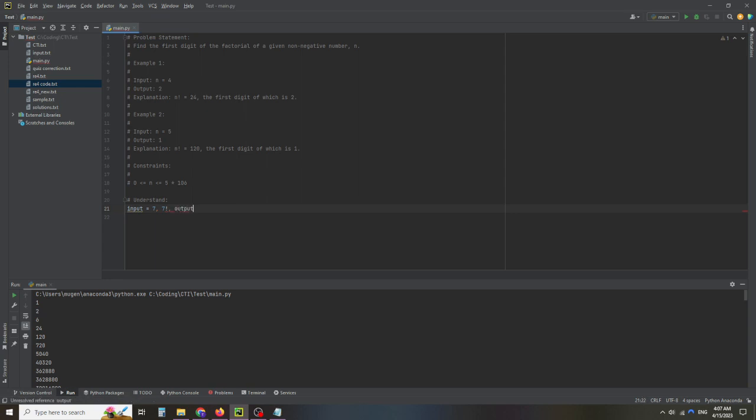The output should be, well, 7 factorial is equal to 5040. So the output should be 5. That's my understanding.